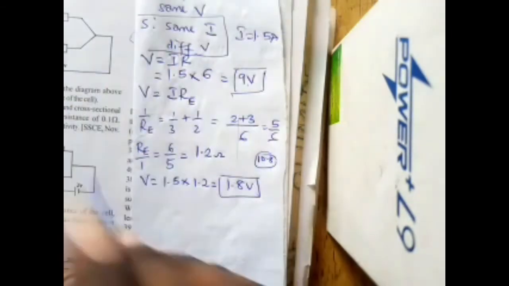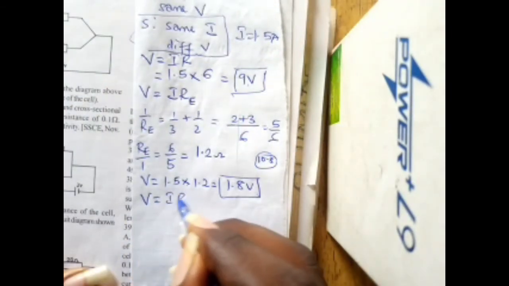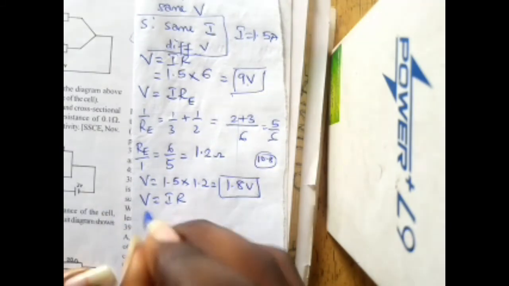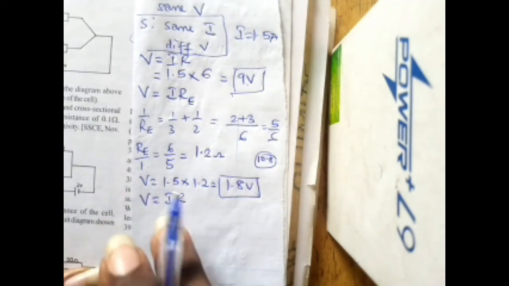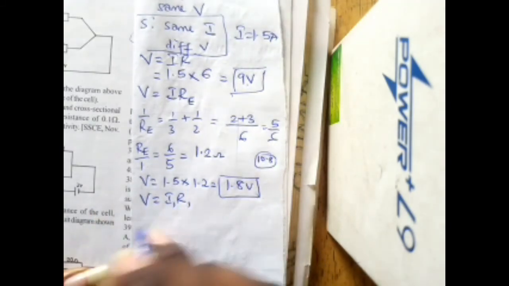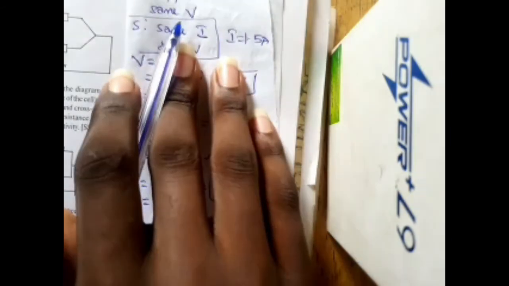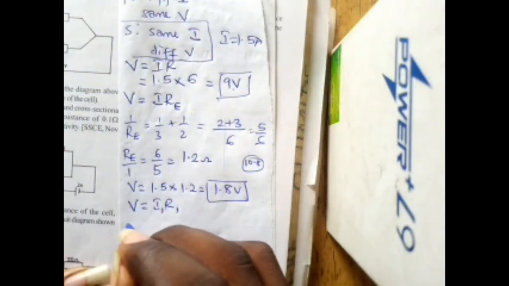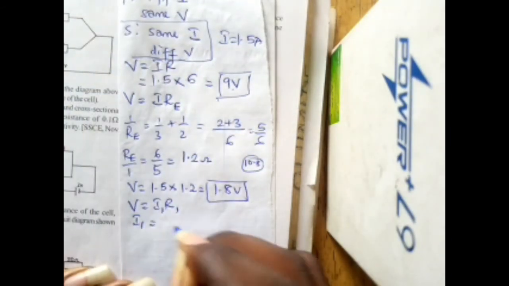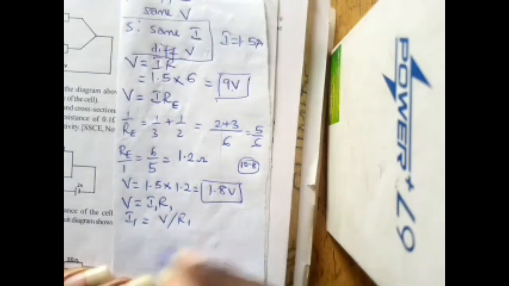And recall that V is equal to IR. For the first resistor R1, the current I1, the voltage drop is the same for a parallel connection. So to find the current I1, that's V over R1, 1.8 over R1, which is 3.